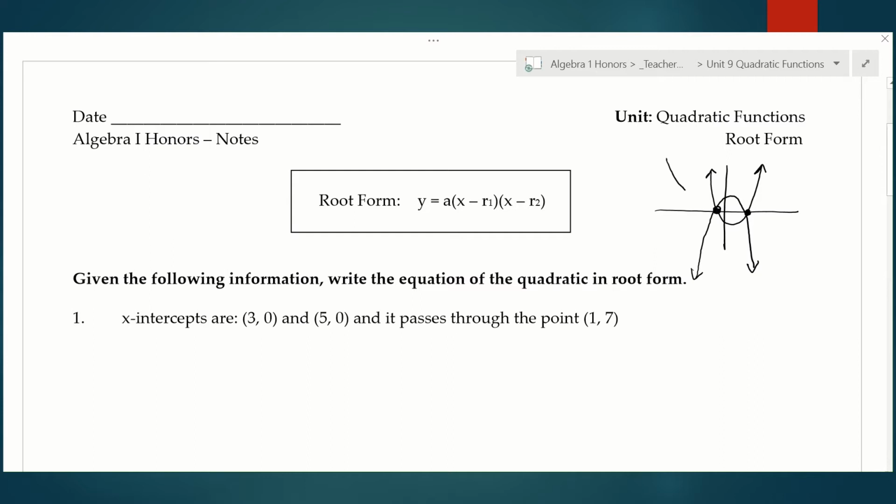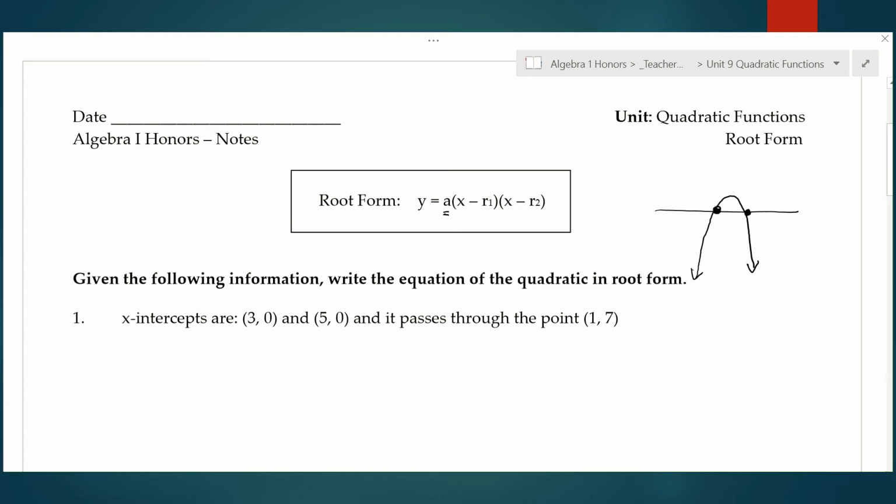I could have also made a parabola that looks like this. All three of these parabolas have the same roots of -1 and 2, and what makes them unique is what our a term is. That's why it's so important that when we write this formula, we know what our a term is. It actually tells us how narrow or how wide our parabola is. We haven't learned about that yet, but I wanted to point that out as we're going along.